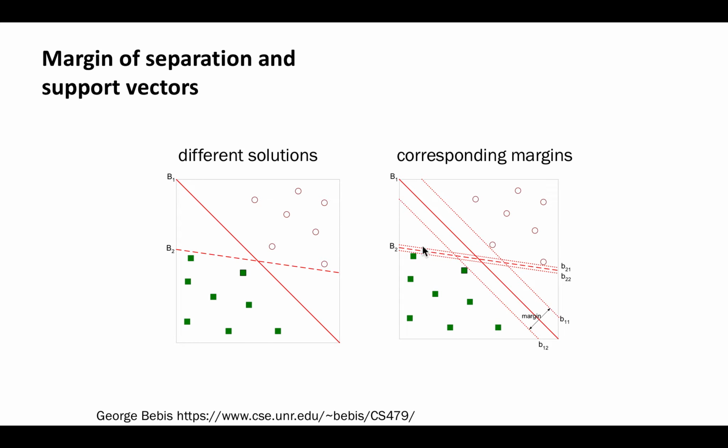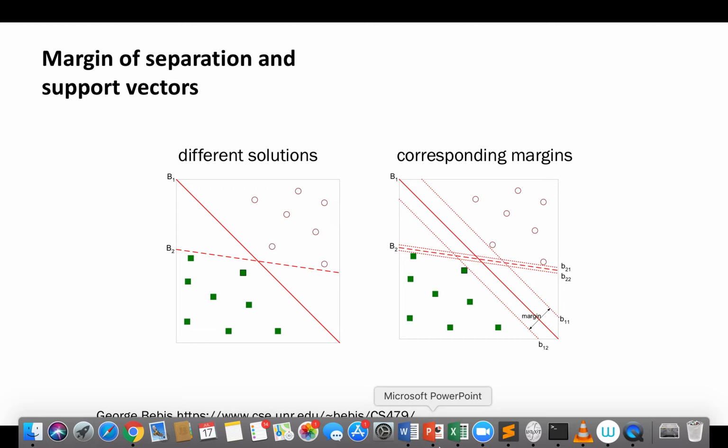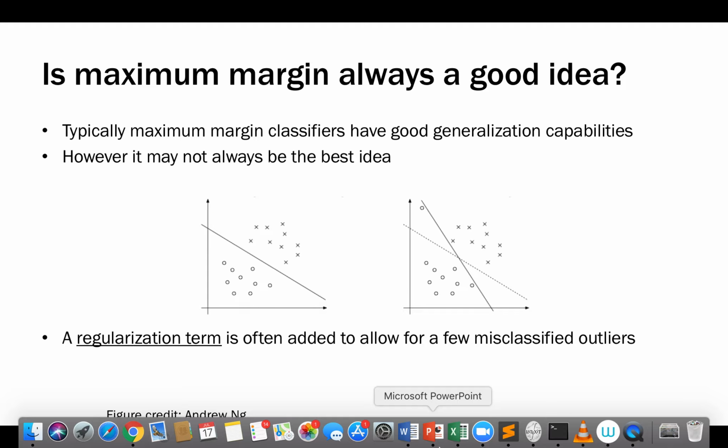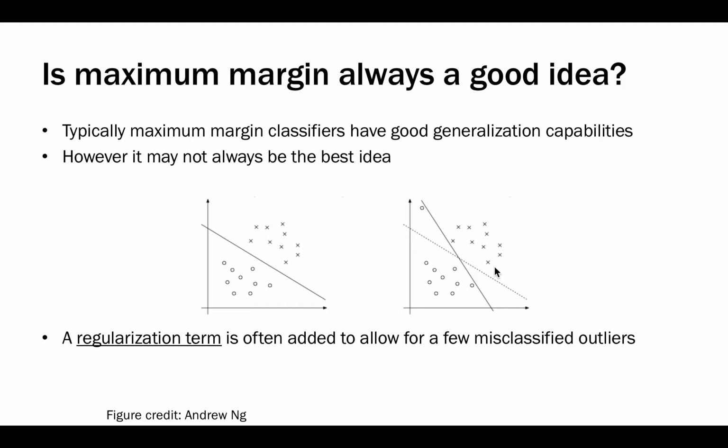So the margin of B2 is much narrower than the margin of B1. Out of all the possible separating lines that you could have drawn here, you try to find the one which has the maximum margin. That's the notion of a maximum margin classifier. And I will skip this slide.